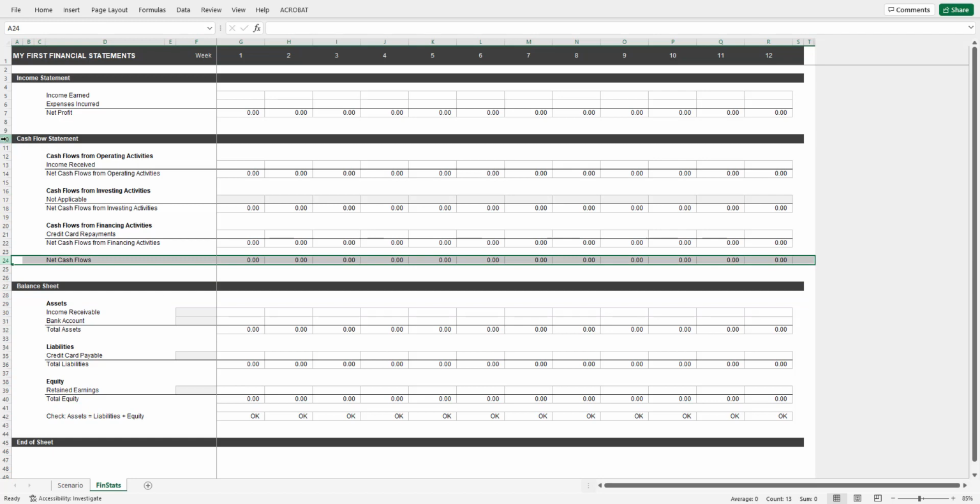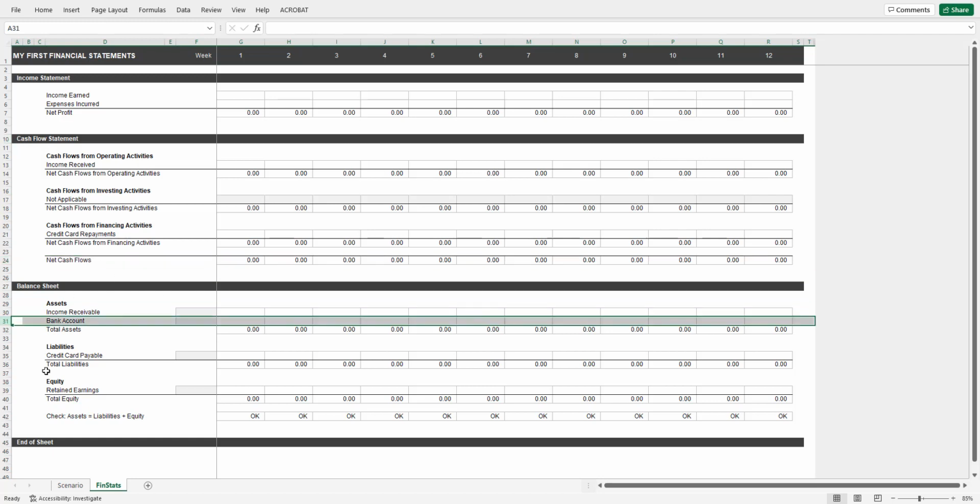The cash flow statement affects the line item of our balance sheet called bank account, because our bank balance will be equal to whatever the balance was in the prior period plus whatever net cash flow is reflected in the cash flow statement, because that's then just going to stay in our bank account.